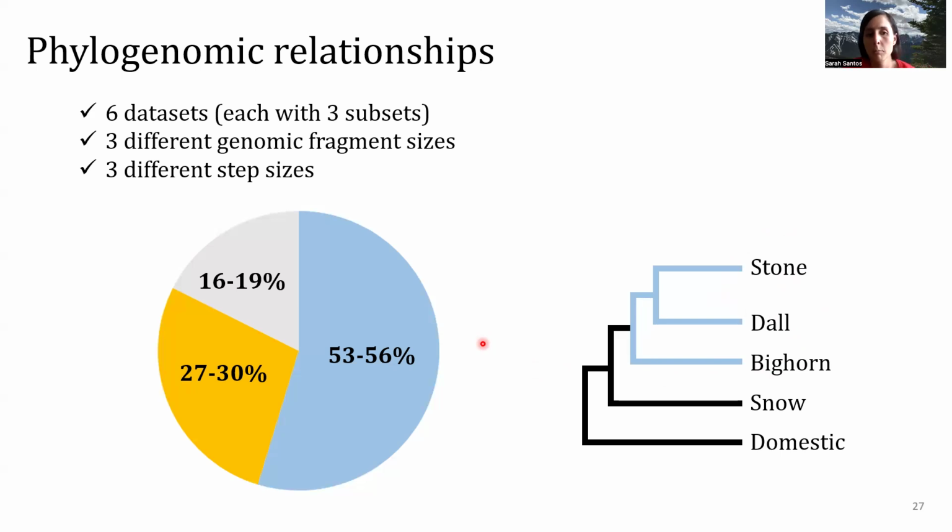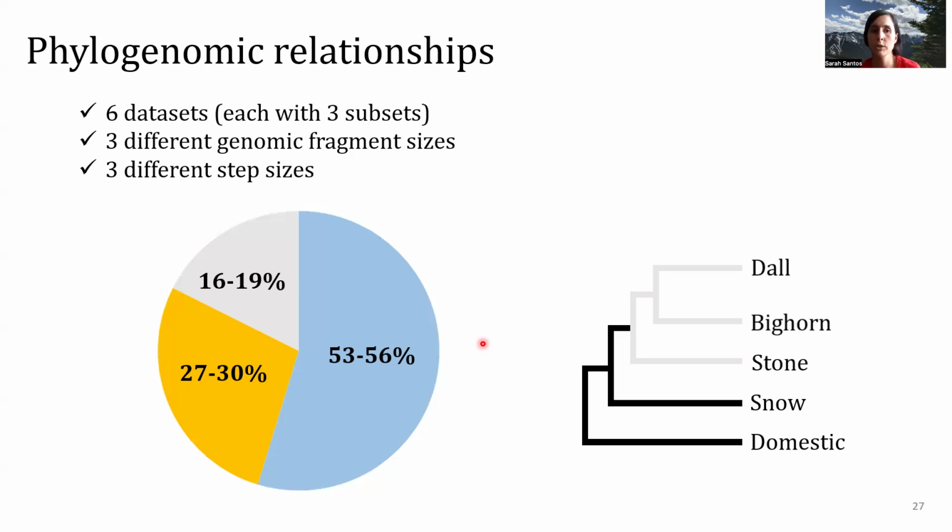More than 50% of the genome represents the species tree, followed by Stone and bighorn sheep as sister clades, around 30% of the genome. And then around 19% of the genome, between 16 and 19, we had Dall and bighorn sheep.